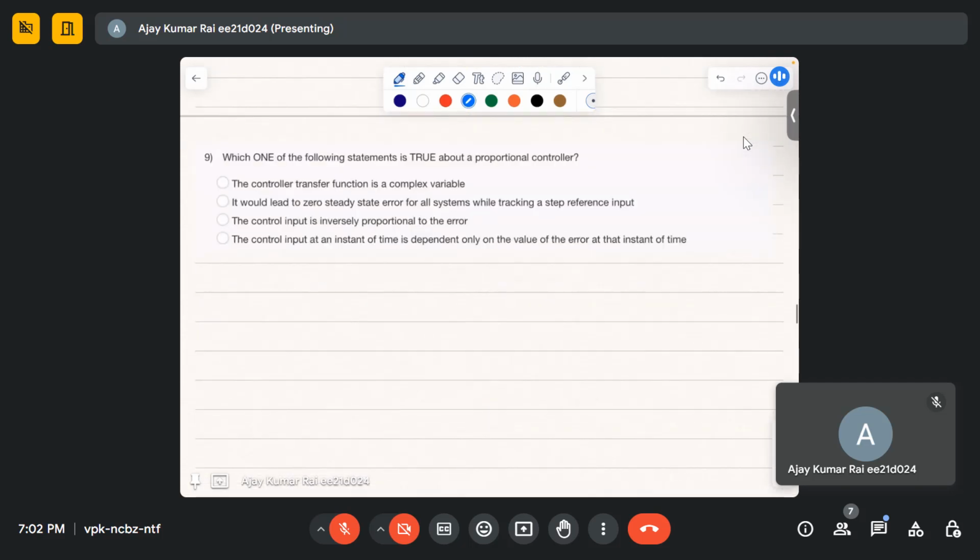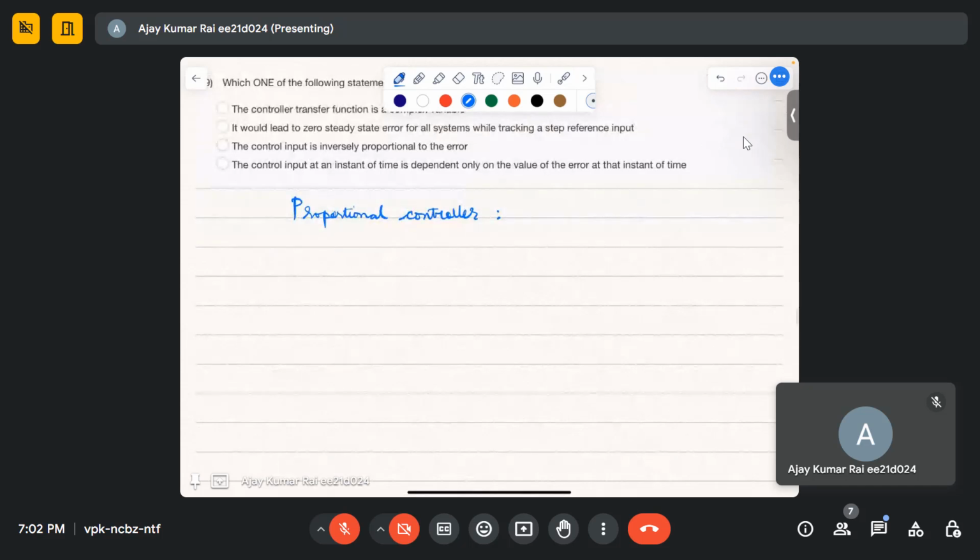Which one of the following statements is true about a proportional controller? You know what a proportional controller is.